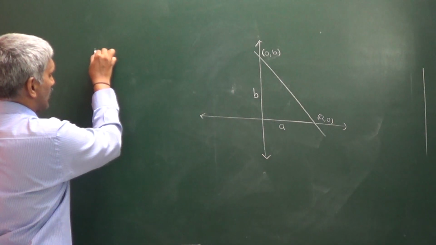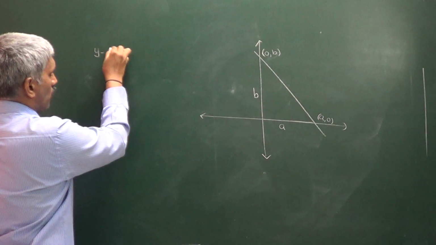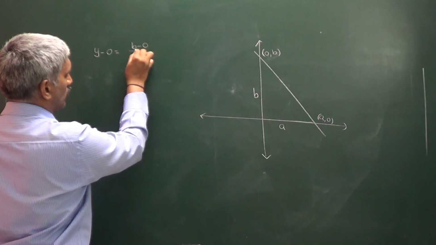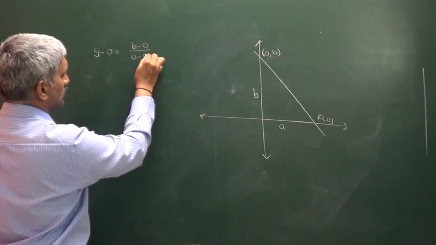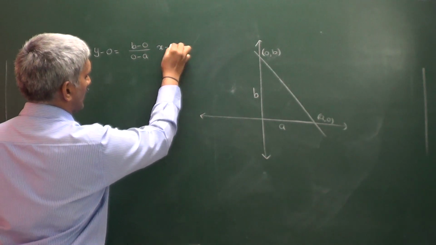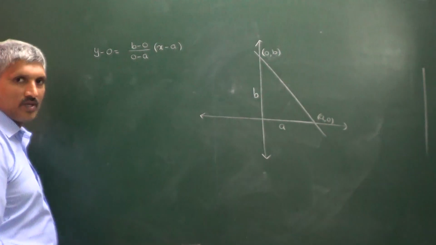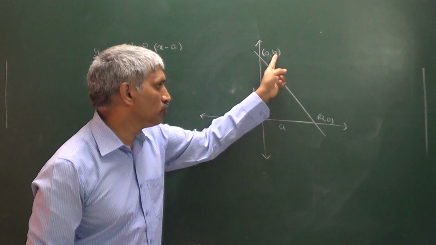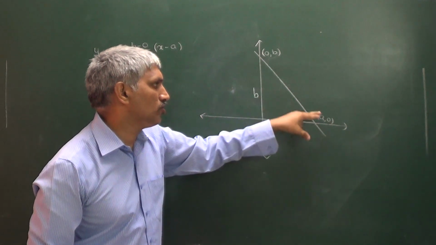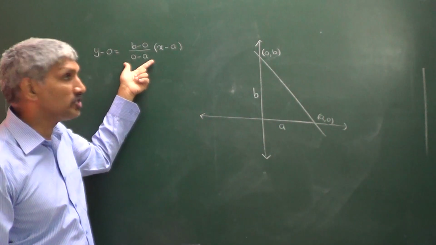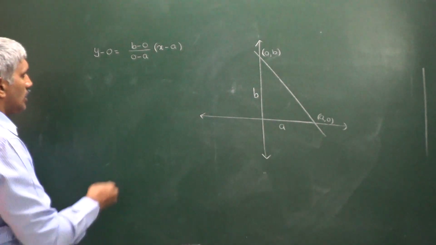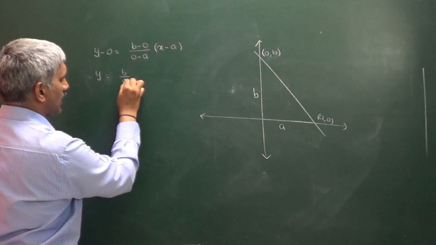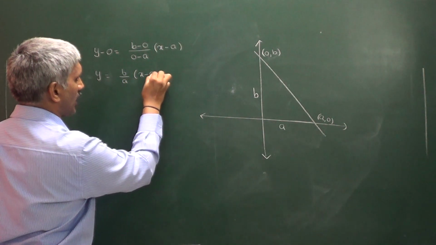The equation of a line is y minus y1 is equal to the slope, (y2 minus y1) by (x2 minus x1), into (x minus x1). Here, y is equal to (b minus 0) by (0 minus a) into (x minus a).